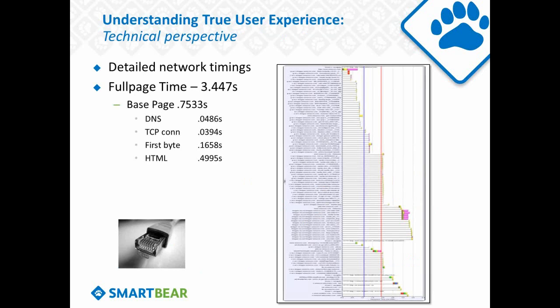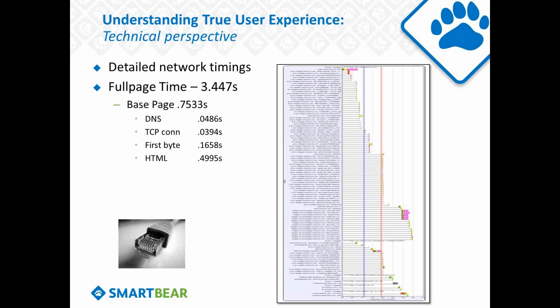So many of you are probably familiar with the chart that's displayed on the right-hand side of this page. This is that traditional waterfall report that many of us have looked at, and of course this is a copy of the waterfall report from AlertSite, but you've also seen data like this from other tools, maybe Firebug or Web Inspector. These metrics are the traditional view of how we've all looked at web performance.